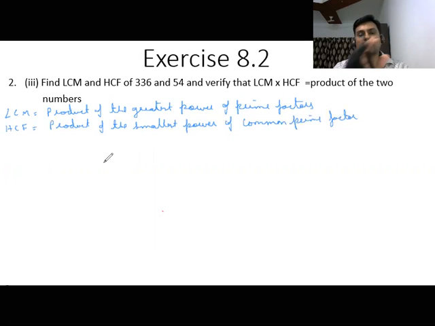So for LCM, you have to take all the prime factors, and if they are common, choose the greatest power. For HCF, first you have to choose only the common prime factors, and in the common prime factors, you have to find the product of the smallest power. That's how you have to find.